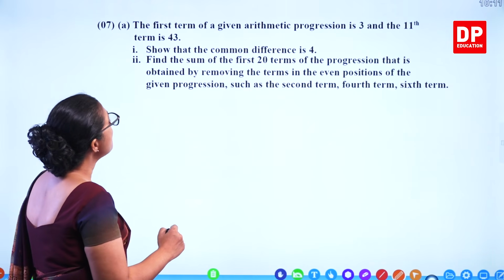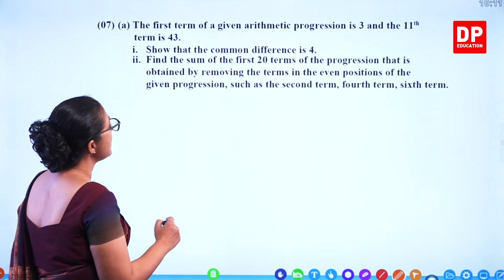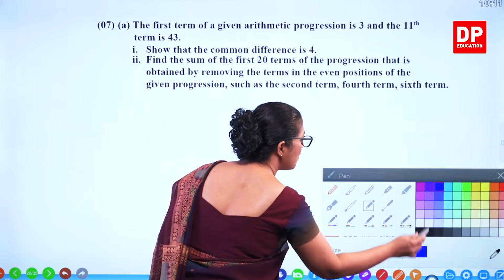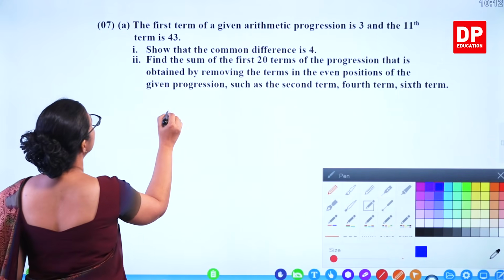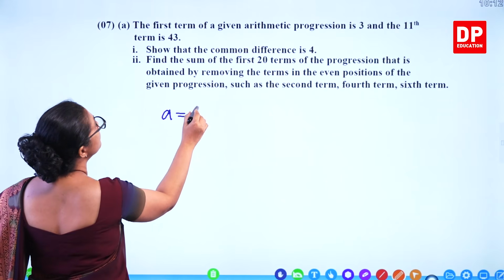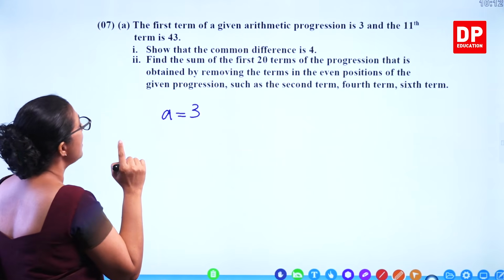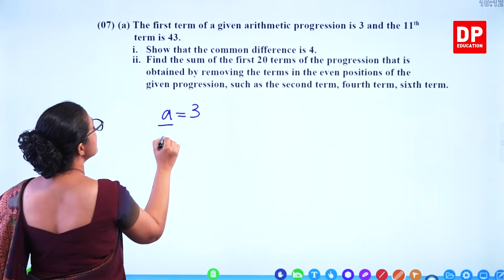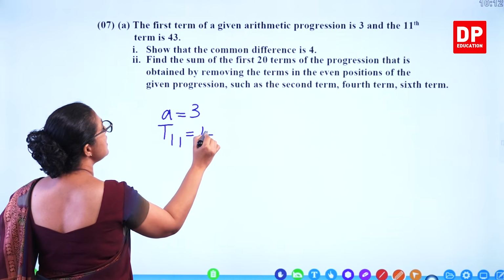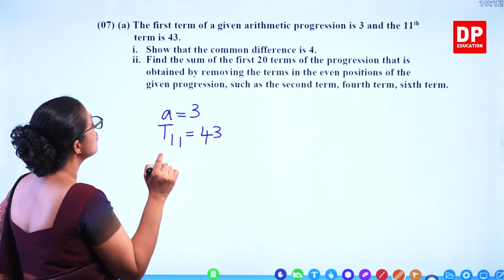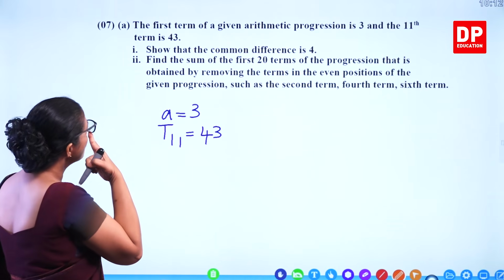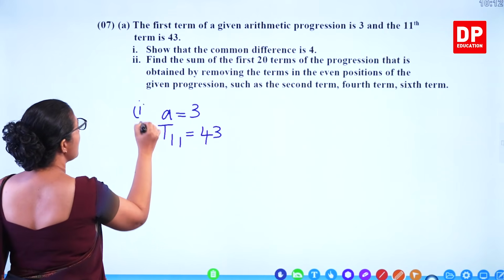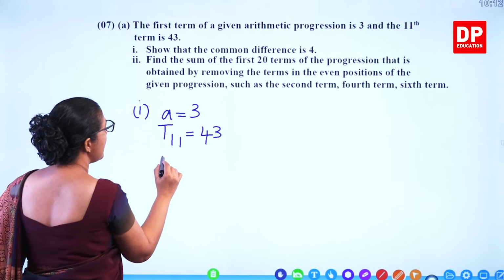The first term of a given arithmetic progression is A. So here, first term a is 3. The 11th term is 43. T11 is 43. Show that the common difference is 4. So how do you do that? You can use the formula Tn.